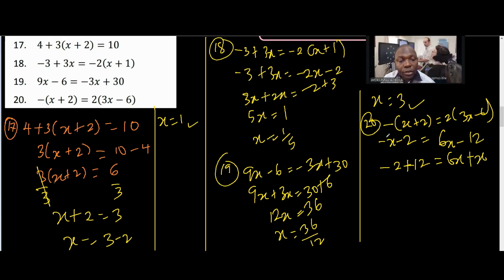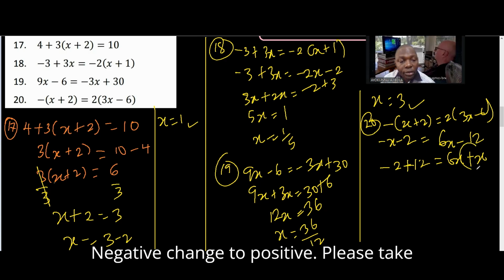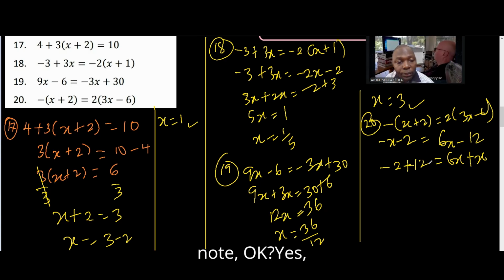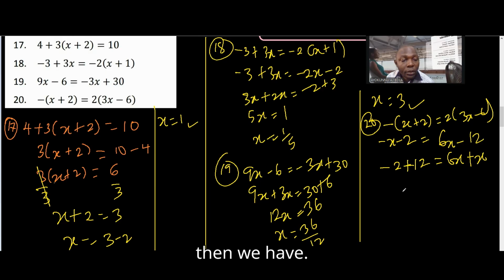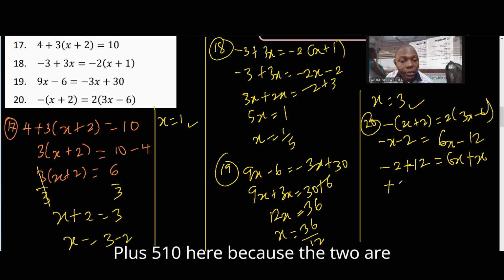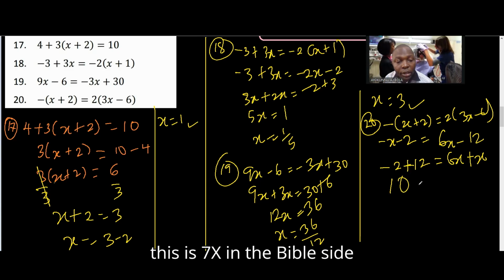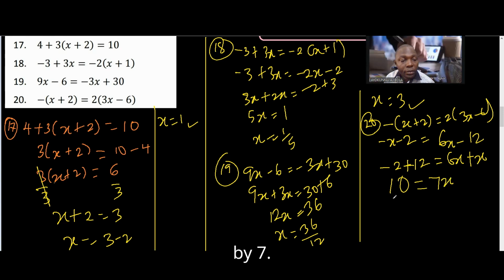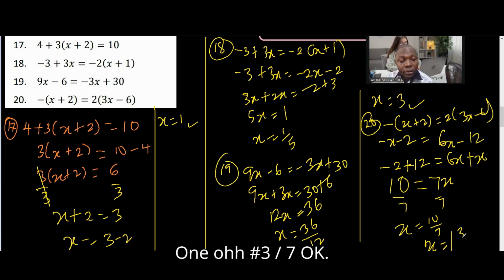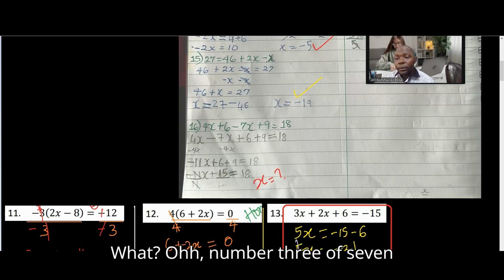It was negative, changed to positive. Please take note, okay? Yes. Then we have positive 10 here because the two negatives are just 2. Then this is 7x. Then divide both sides by 7. X equal to 10 over 7, which is one whole number, 3 over 7, okay? Yes. One whole number, 3 over 7.